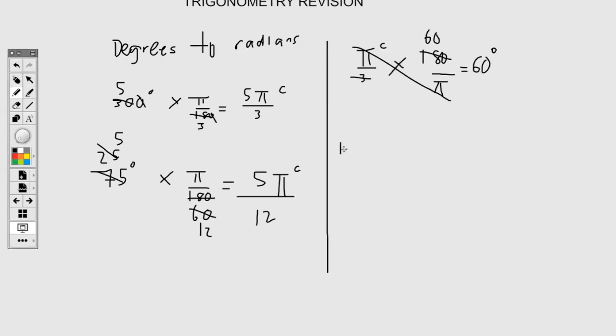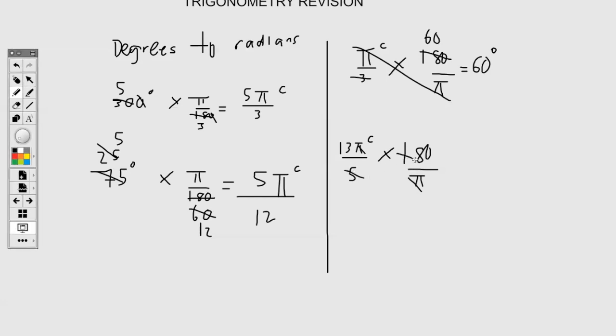Another example, we can have 13 pi over 5. We need to convert this into degrees, so I multiply it by 180 over pi. Once again, the pi's will cancel, and now 5 can go into 180. So once you can reduce, you reduce.